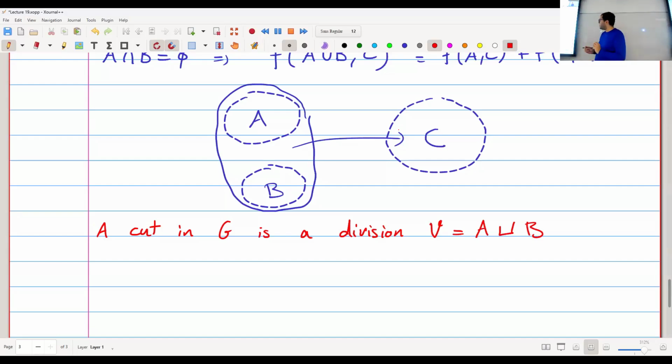So A and B don't have any intersection and their union is V. So I'm partitioning V into two sets such that my source is in A and my sink is in B. Whenever I talk about the cut in this session, later on we will have different definitions of cut for different problems. But here, whenever I talk of the cut, what I mean is that I've just arbitrarily divided the vertices into two sets. My first set contains my source. My second set contains my sink.